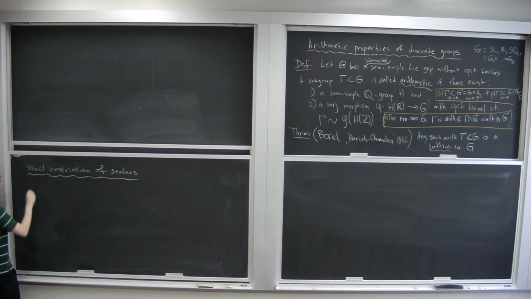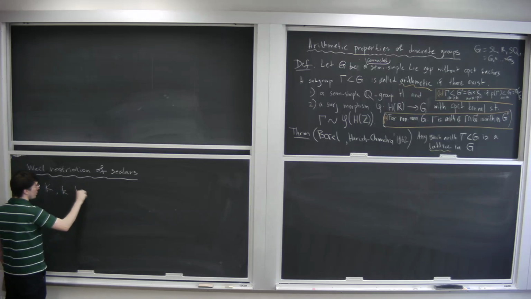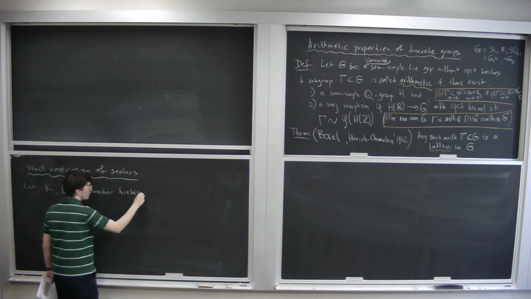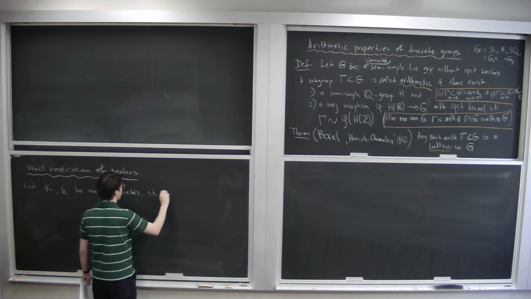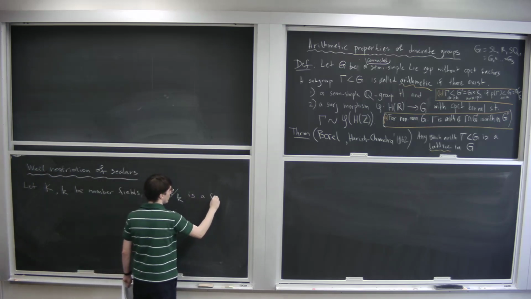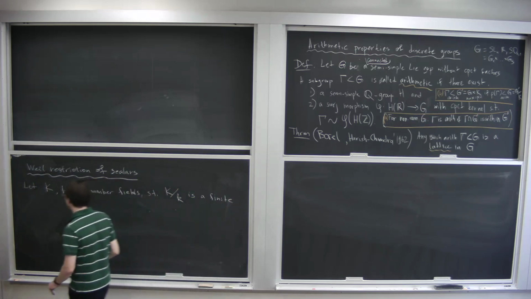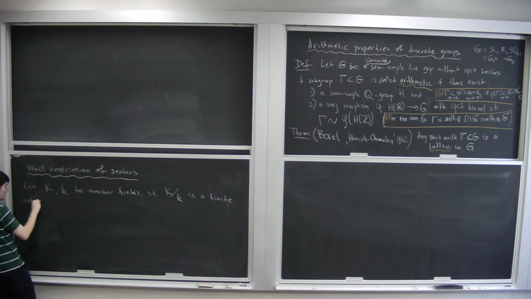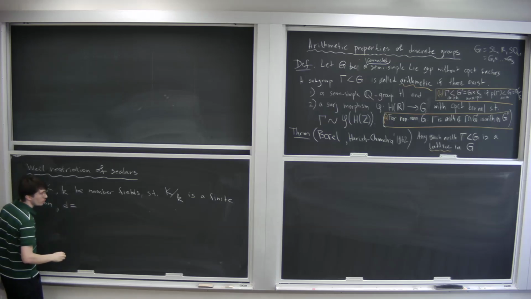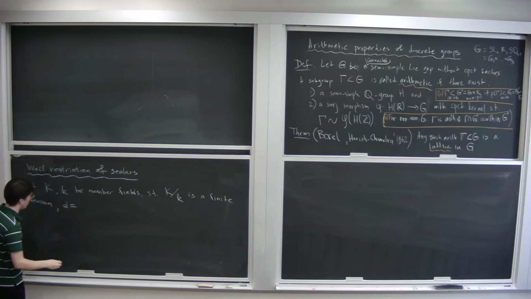So let k be in K the number fields, such that K over k is a finite extension, where d is the degree of this extension.